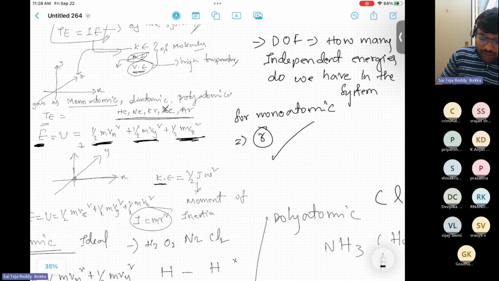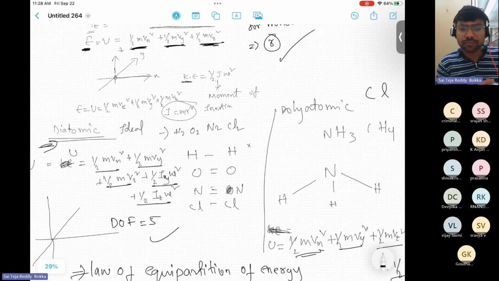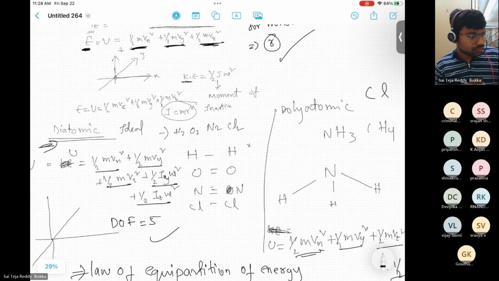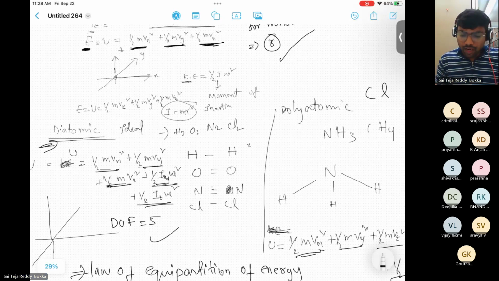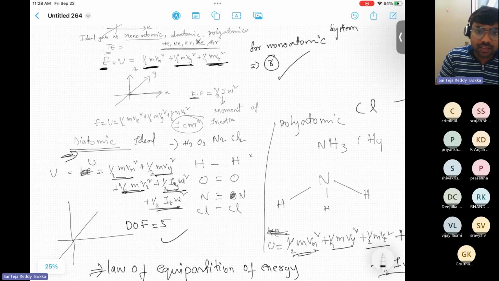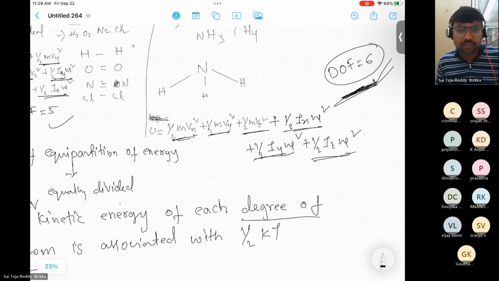And next, how many independent energies do we have in a diatomic molecule? 5. Yes, 1, 2, 3, 4, 5. And how many independent energies do we have in polyatomic? 1, 2, 3, 4, 5, 6. So then your degree of freedom will be 6.